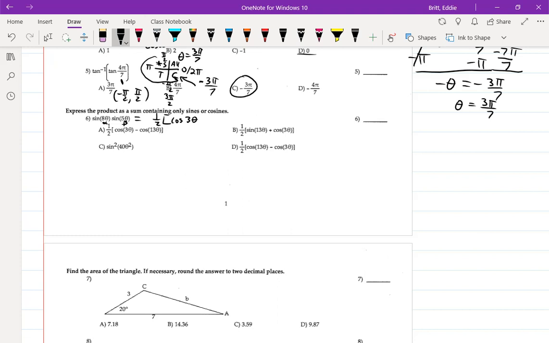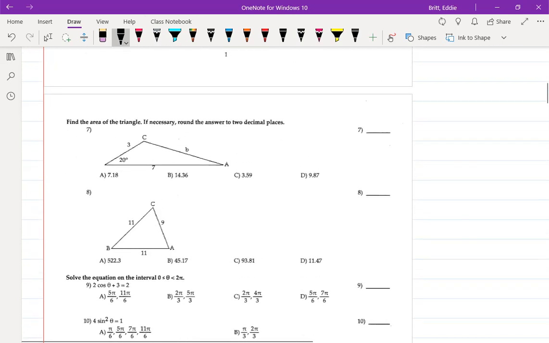And then we have minus, it's important that you put a minus, the cosine of alpha plus beta. So that's the cosine of 8 theta plus 5 theta. So 8 plus 5 is 13 theta. And then we can't put those two terms together, okay? We have to leave those separate. So you can see that's going to be A.